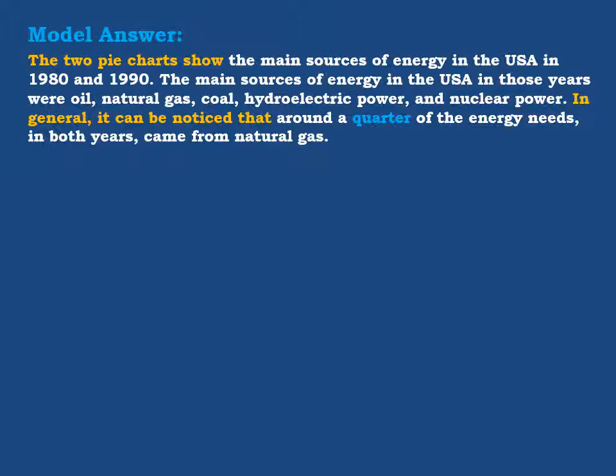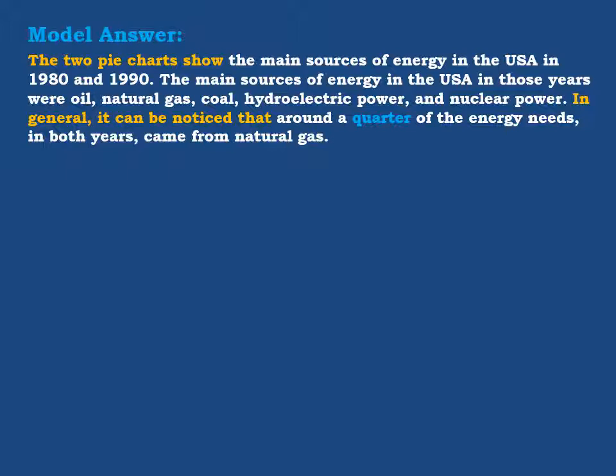We said that we need to name the graph. Here we have pie chart, and because we have two pie charts, we say two pie charts. The two pie charts show, this is the verb, show, the main sources of energy in the USA in 1980 and 1990, and this is taken from the title. So this is the first element.